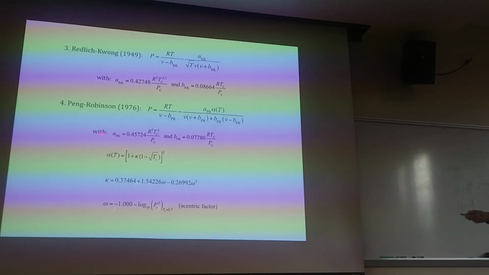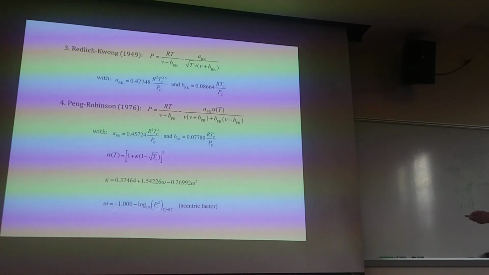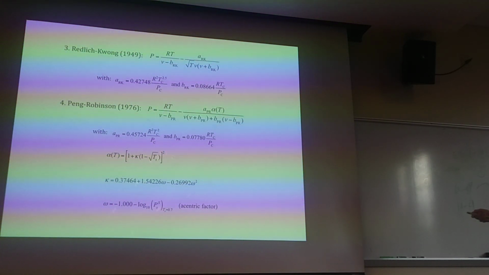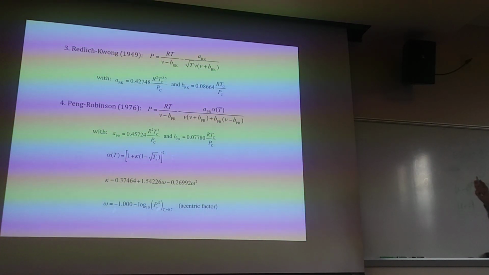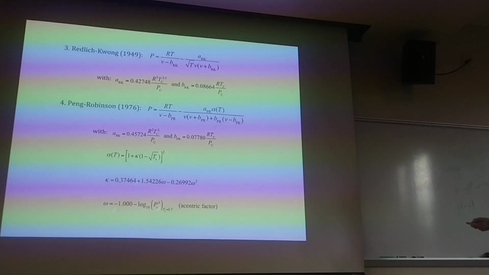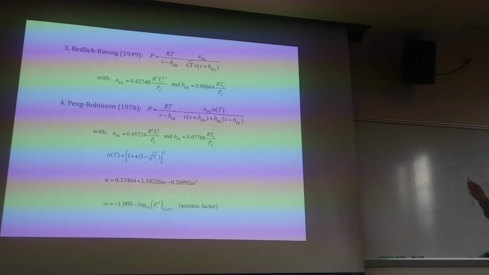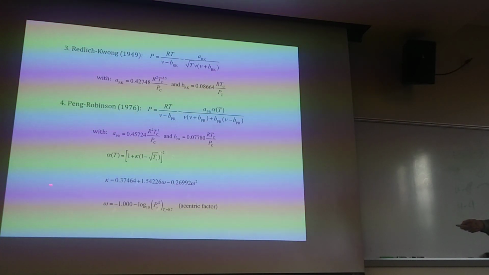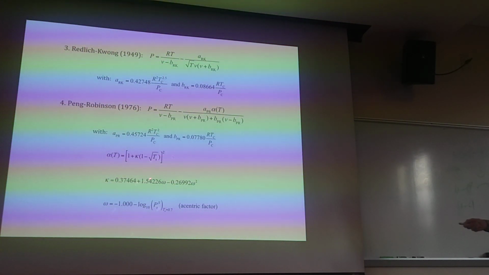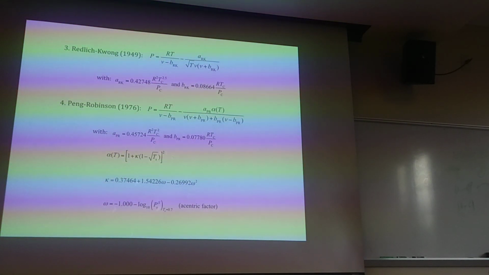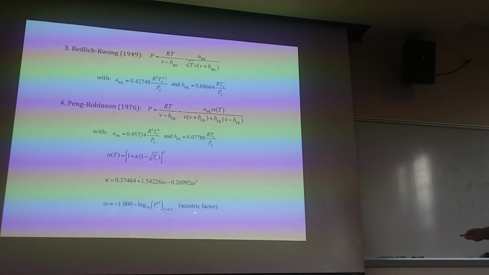Here I can use the critical point information to get A and B. But alpha here is 1 plus kappa times 1 minus the square root of the reduced temperature. So temperature is involved here. That's T over Tc, and this quantity is squared. But what's important is what this kappa is, and it in turn is expressed as a function of this thing called omega, which is the eccentric factor.